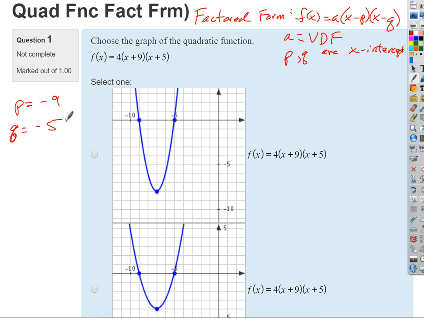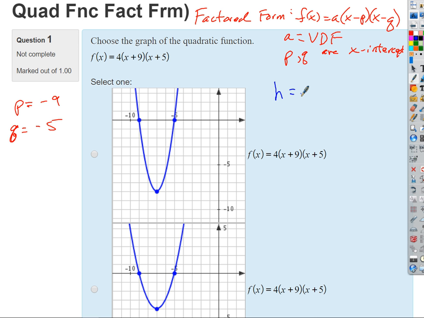We know the shape is going to be parabolic, but we need to know is it stretched, is it compressed? How did we find the vertex for this? If p and q, the x-intercepts, are at -9 and -5, what was the x-coordinate of the vertex? h. How was h related to p and q? Good, it's the average value.